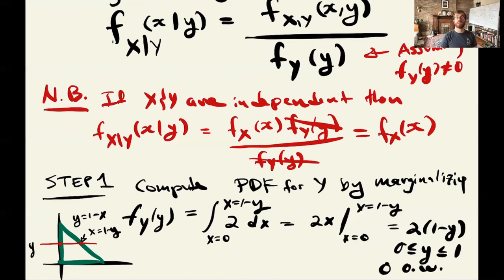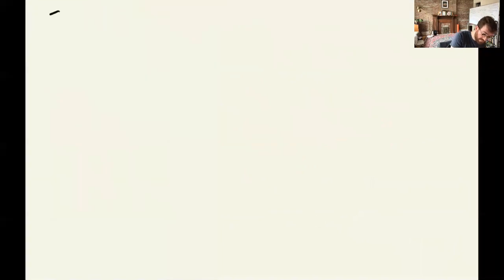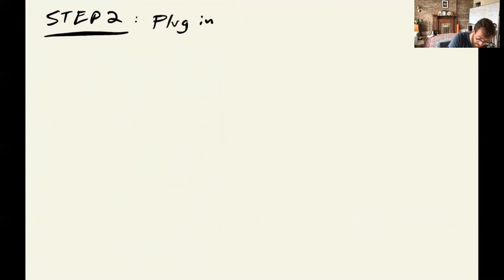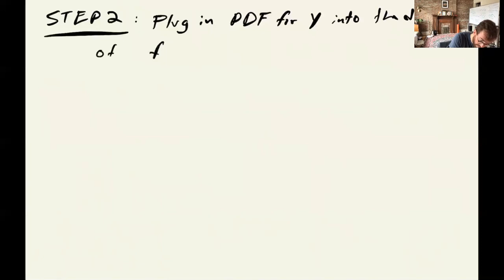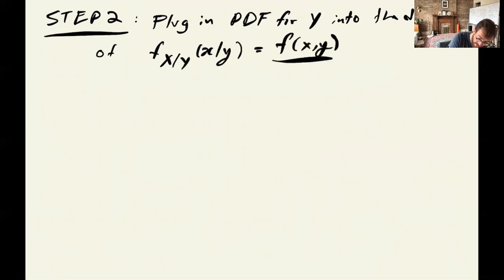Let's go ahead and compute the conditional PDF now. So step 2: plug in the PDF for y into the definition of f of x given y, little x, little y, which again is the JDF divided by the PDF.